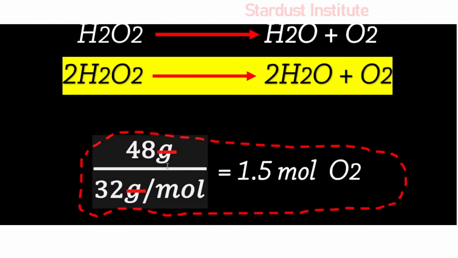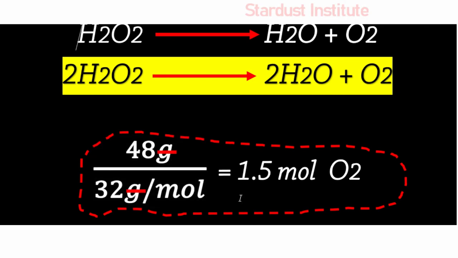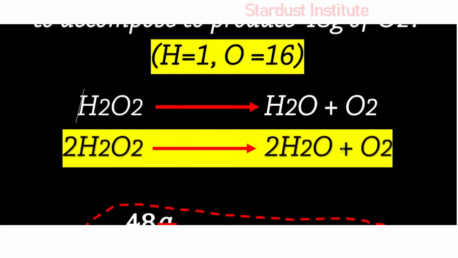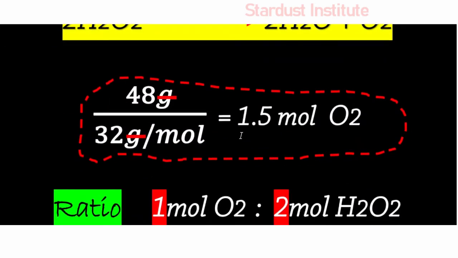48 grams of oxygen divided by molar mass of oxygen 32 gram per mole. Then we get 1.5 moles of oxygen. This 48 grams of oxygen means 1.5 moles of oxygen.